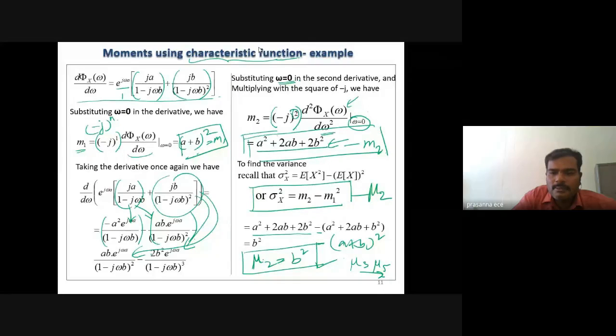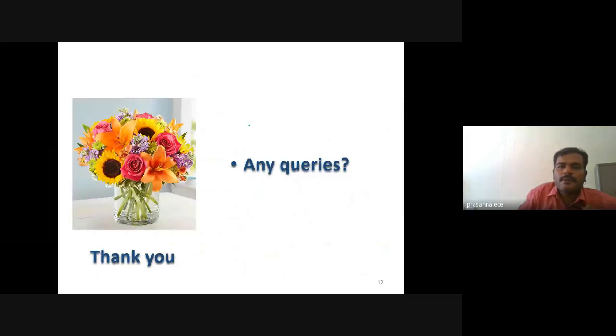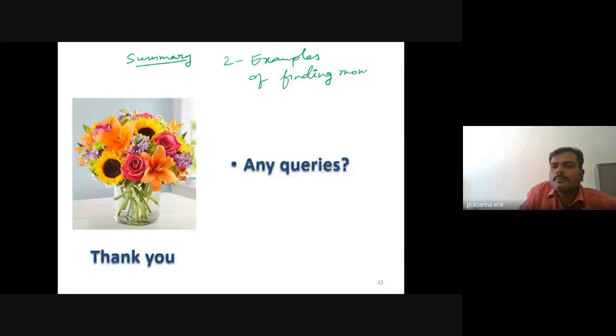Just to summarize what we learned today, we saw two examples of finding moments using the definition or direct method.